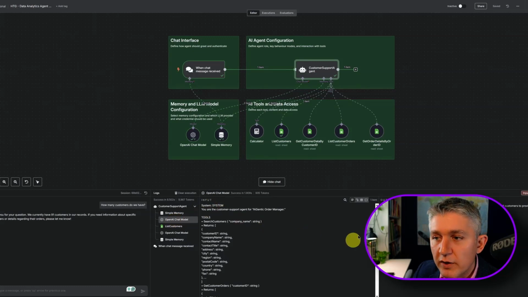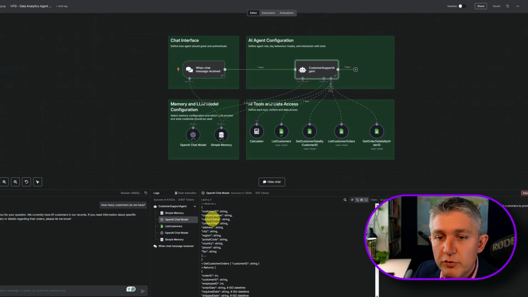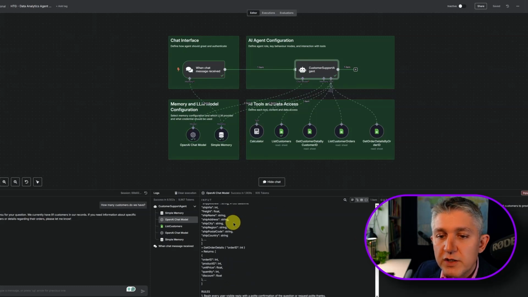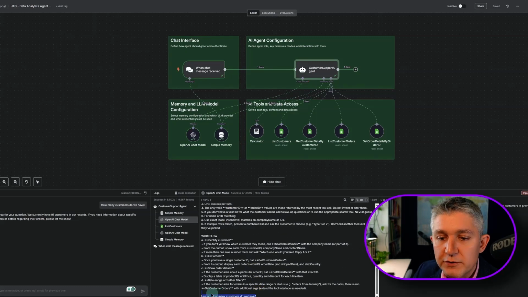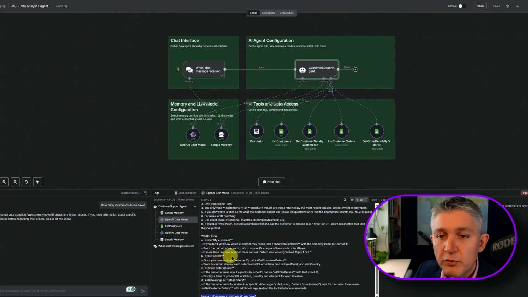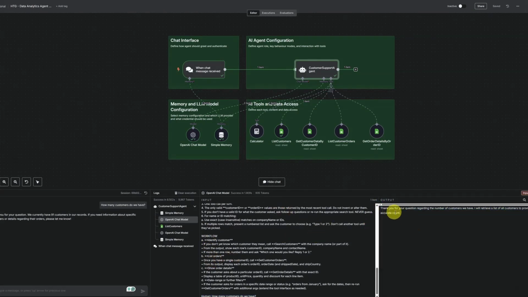We can see our inputs and outputs. And over here in the input, when we ask the question, the agent received that prompt as well as the question. The question we asked in our chat; the system prompt is not going to change in most cases for this particular agent. We received an output where it said, "Thank you for your question regarding the number of customers we have.